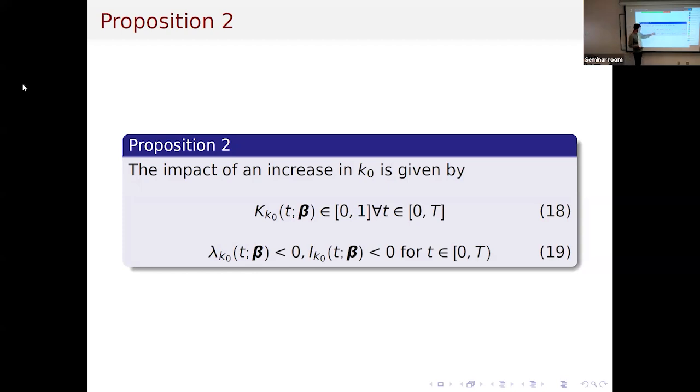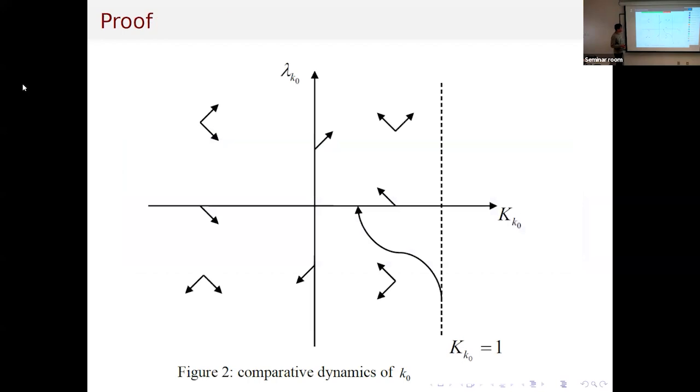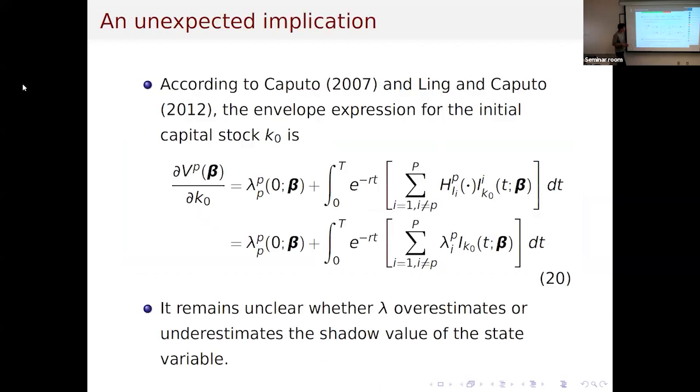If K naught goes up, then the level of capital increases all the time, the lambda decreases all the time, and the investment rate decreases at each point. Okay, so this is a very nice result. Also, the proof is very easy. For K naught, the trajectory looks like this one. Okay, I'm not going to do this.